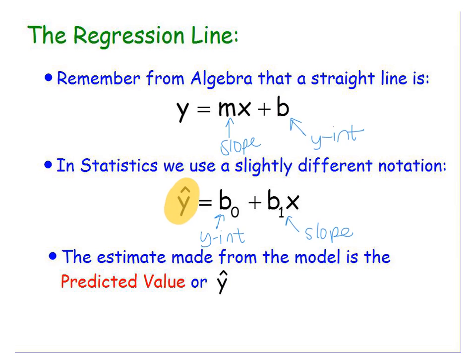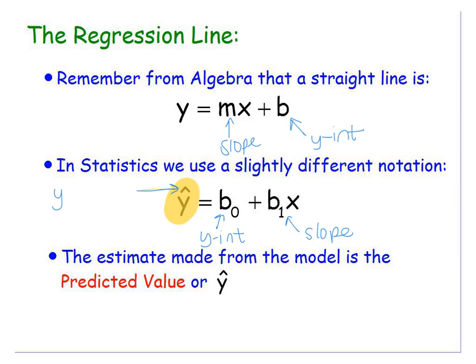Y, and yes, that's how we say it, is y hat. That little, we call it a caret key. The caret symbol above the y is extremely important. What it means is that this is a model that is an estimate. So this little caret right here, that little guy there is a caret.